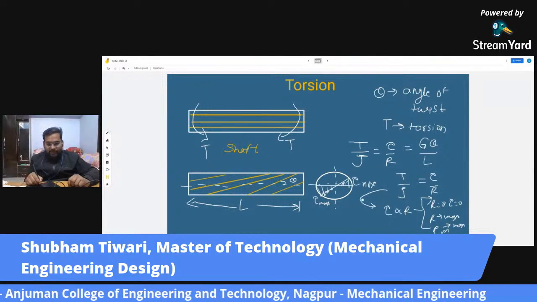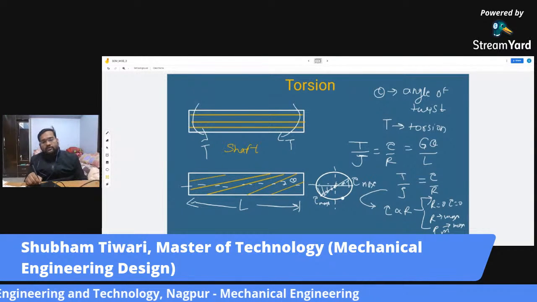So this is why the stress distribution looks like this.